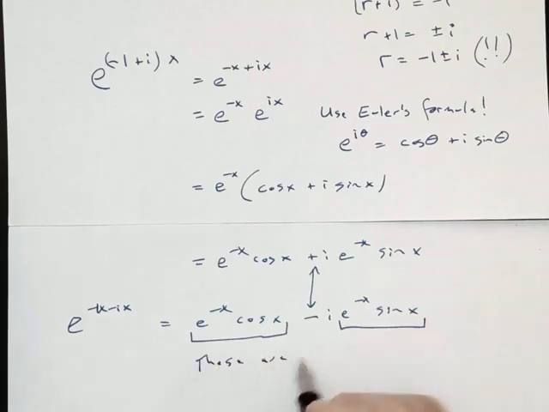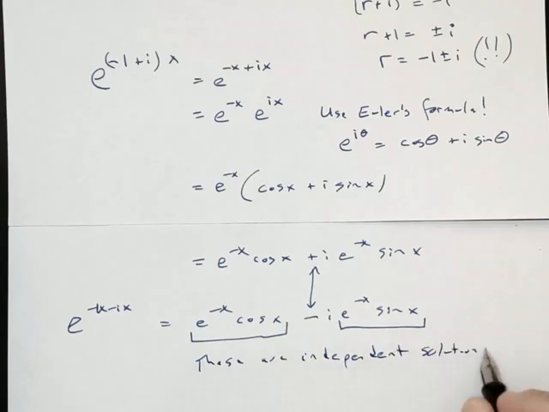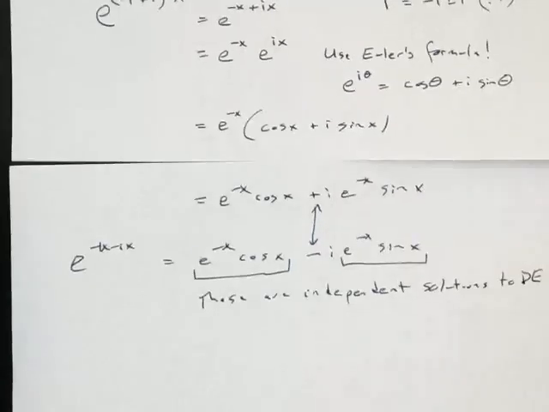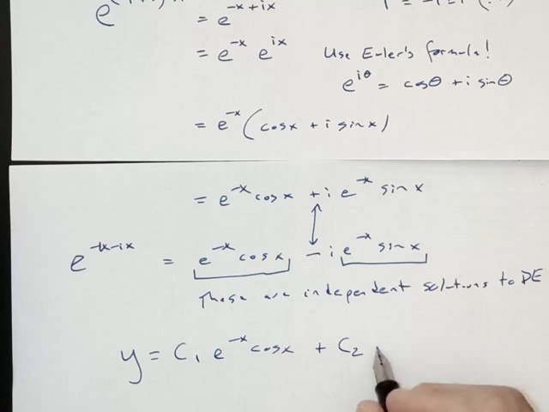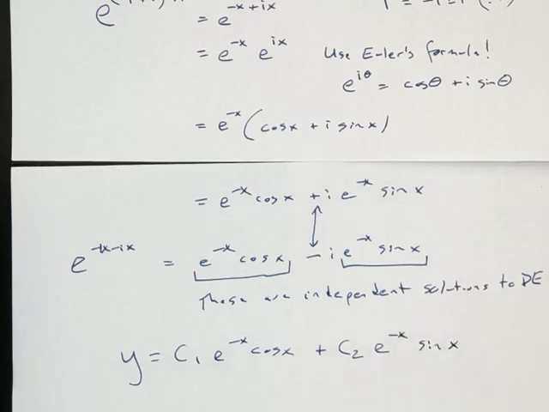These are independent solutions to our differential equation, which means I can write y equals c1 e to the minus x cosine x plus c2 e to the minus x sine x.